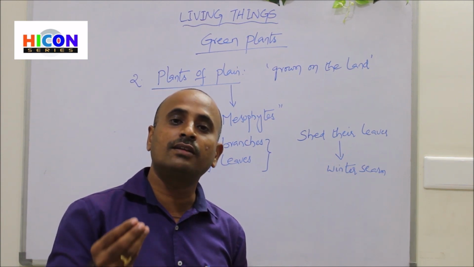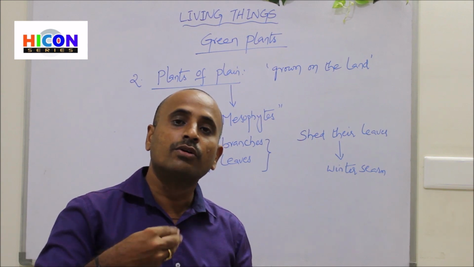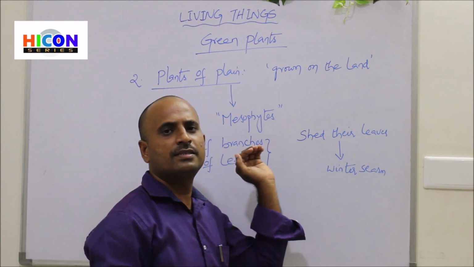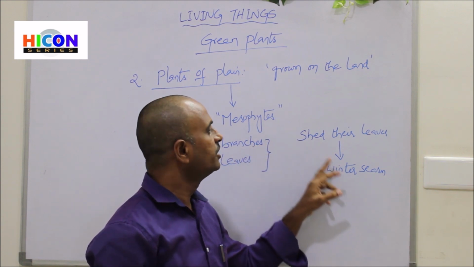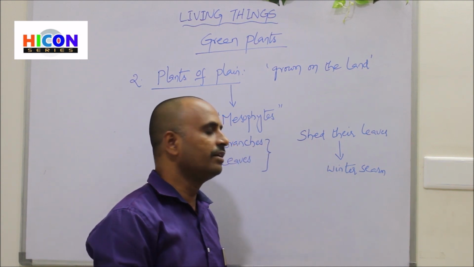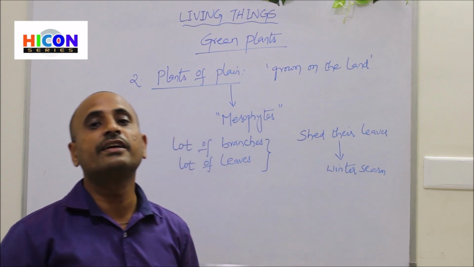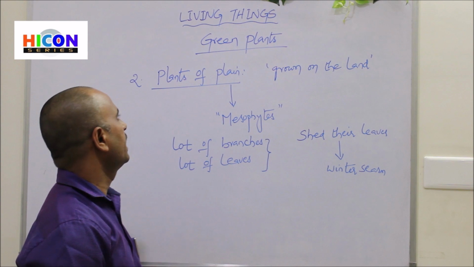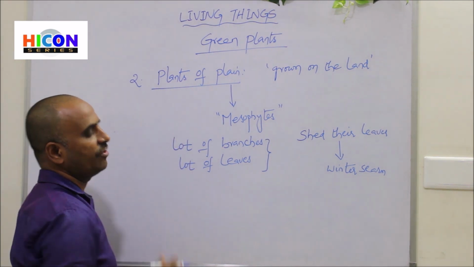That means the water present in the plant goes out. So that's why these plants, especially in winter season, shed their leaves to prevent the loss of water during respiration or evaporation.